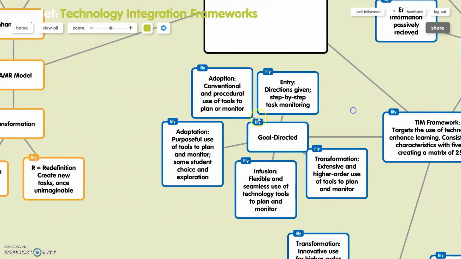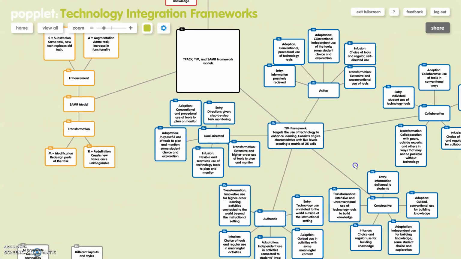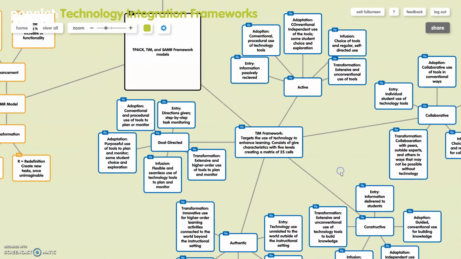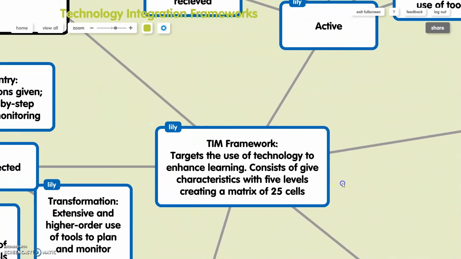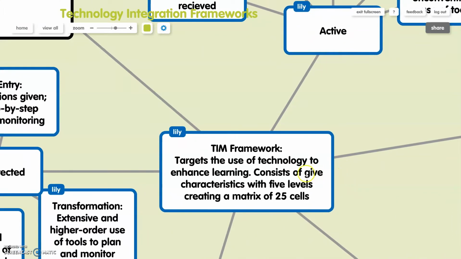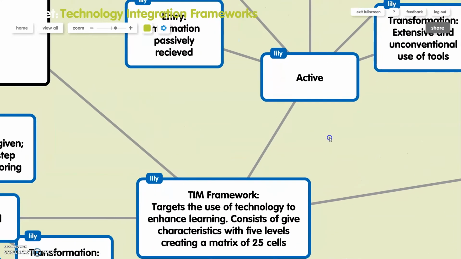And then we come over to the mess of the really intricate TIM framework. TIM targets the use of technology to enhance learning. It consists of 5 characteristics with 5 levels, creating a giant matrix of 25 cells.